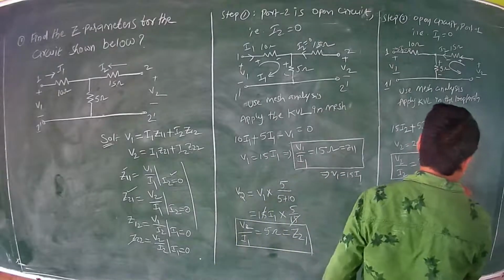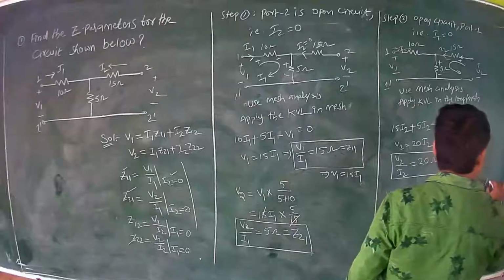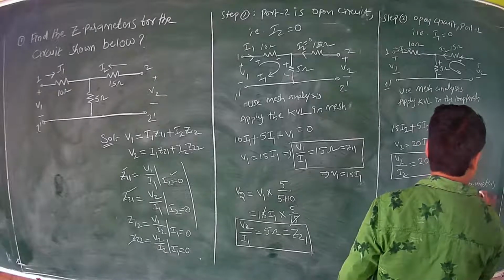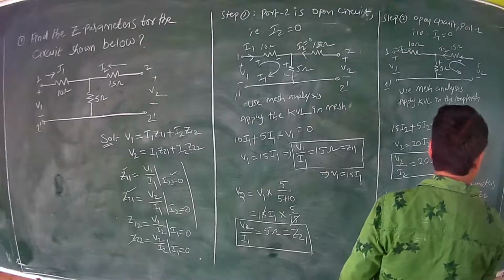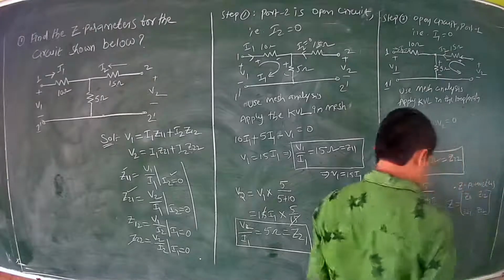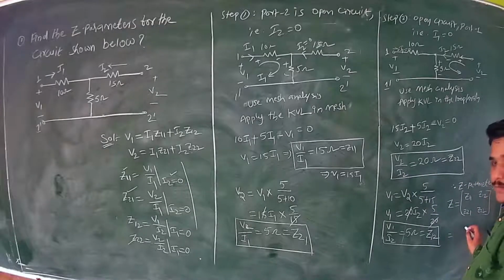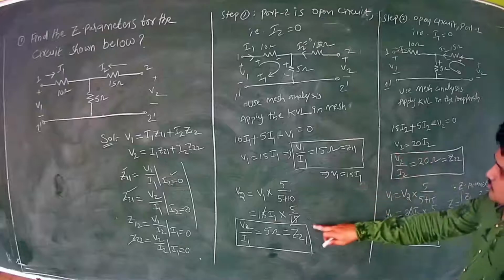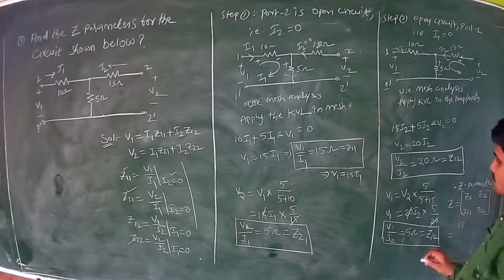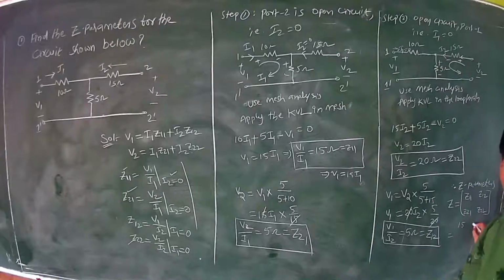Therefore the Z parameters are Z11, Z12, Z21, Z22. Z11 we got here 15 ohms and Z12 is 5 ohms.